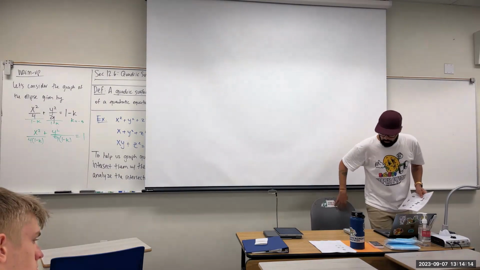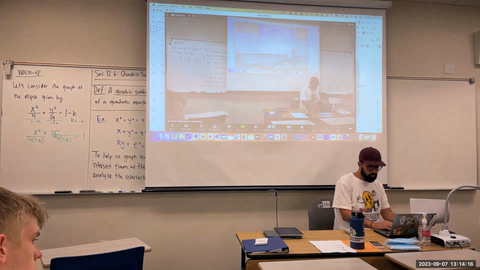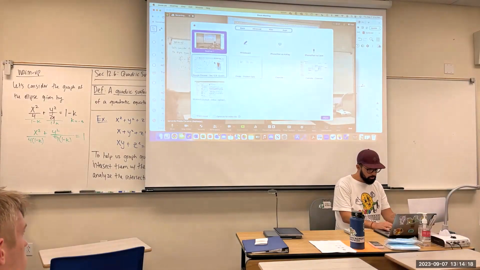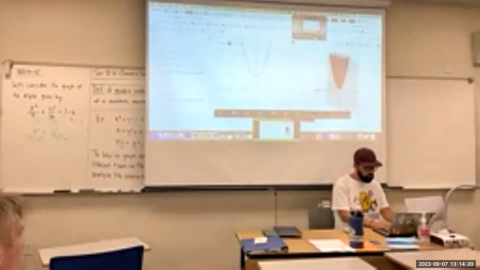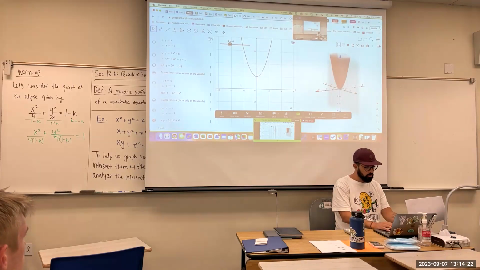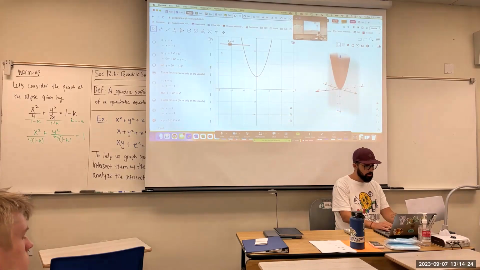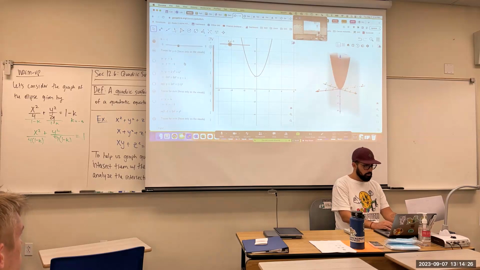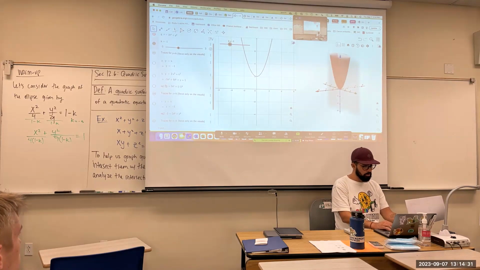Oh, that's a good point. So the question was, are the traces the same for YZ and XZ? Right now X equals -1, right? Let's see what happens if I do it for this one.